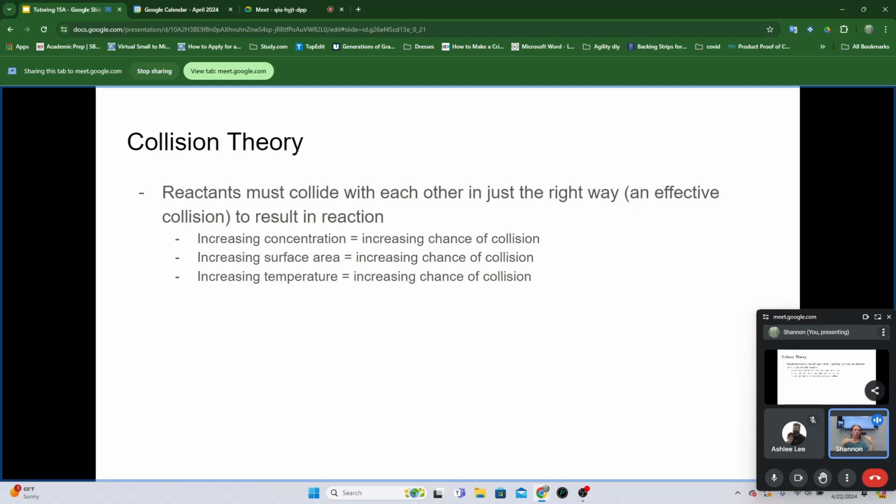And I just gave you an example of a rate definition: collisions over time. The more collisions over time, the more product you're creating, the more the concentration of that product is increasing over time. So all of these things increase the chance of collision and therefore increase the rate of the reaction.